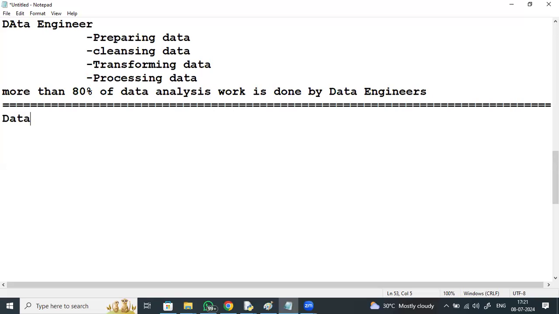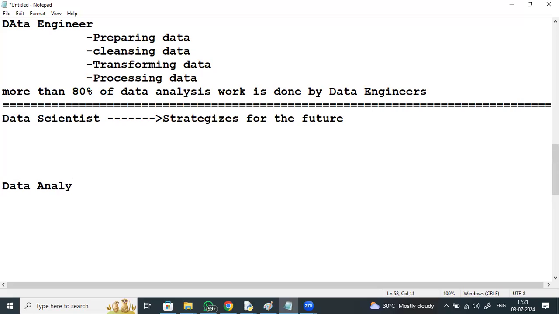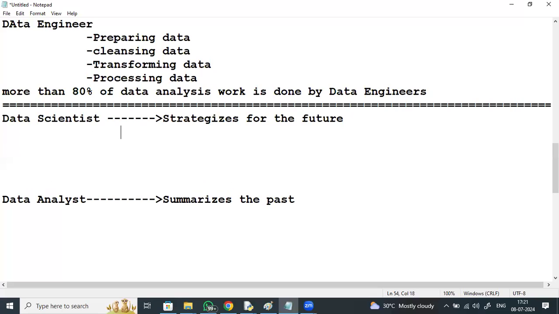The data scientist strategizes for the future, and the data analyst summarizes the past.